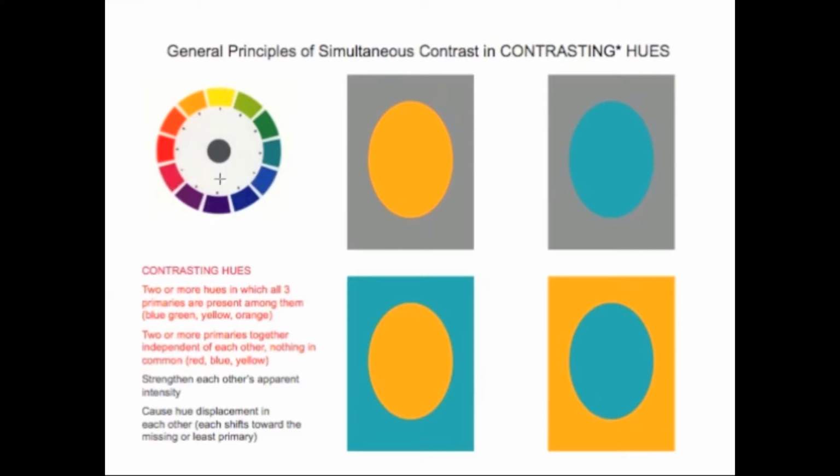So if you have standalone primaries, that's an opposing or contrasting color scheme. If you have anything that has the third primary in it, in other words, we've got red-orange, and if we go over here to the yellow, well, red-orange has yellow in it, so that's a related hue. But if we go to the yellow-green, yellow-green and red-orange are opposing because now we've introduced the blue primary.